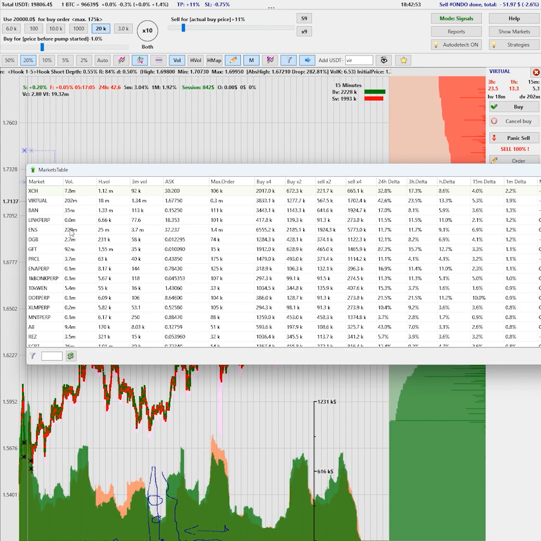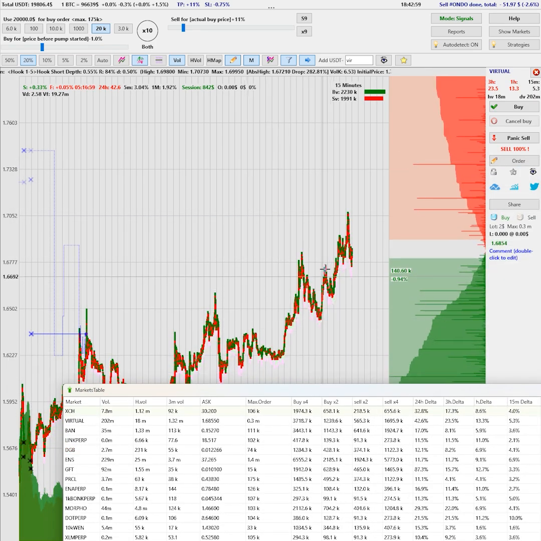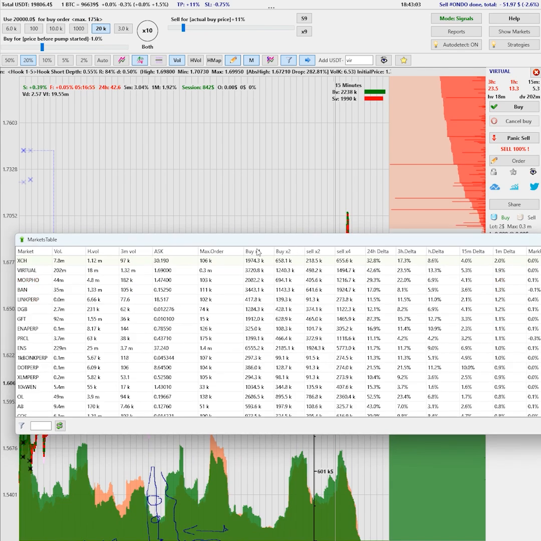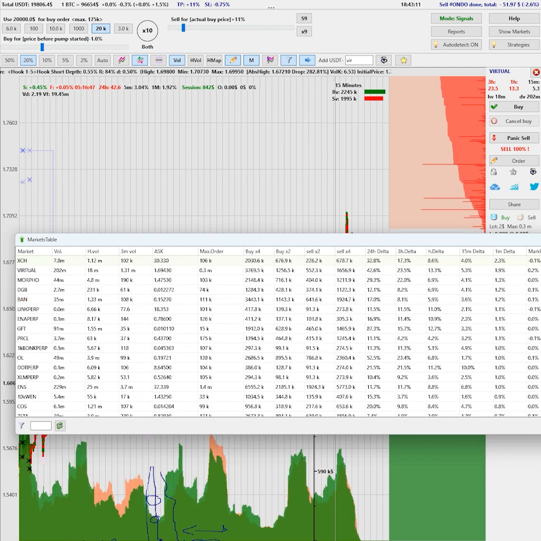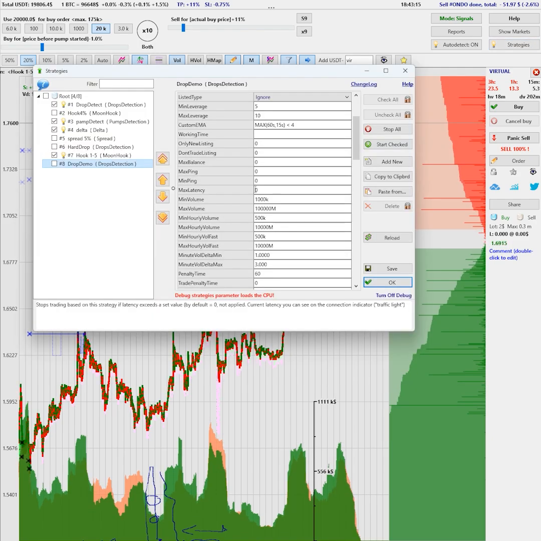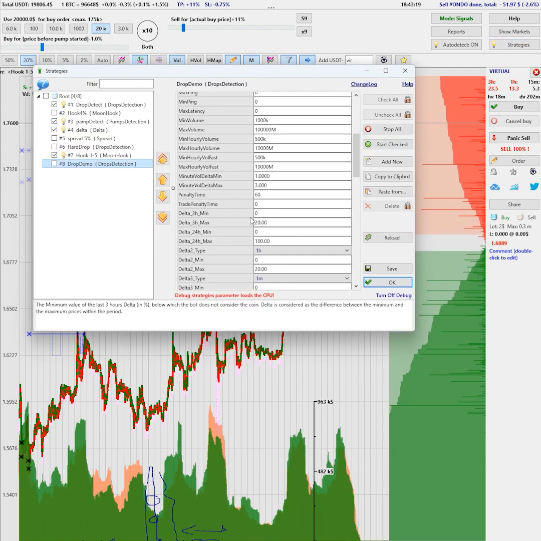So based on this, let's say that this virtual gives nice tradable bounces, for example. I'll be able to say, okay, daily volume 202 mil, hourly volume 18 mil, and 3-minute volume is 1.3 mil. Well, that's good. So I can use that as a reference for what I want to pick in my volume filters.